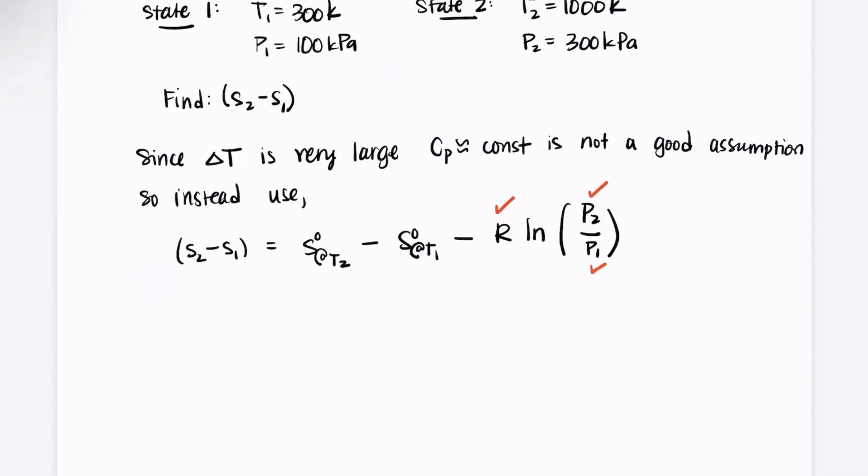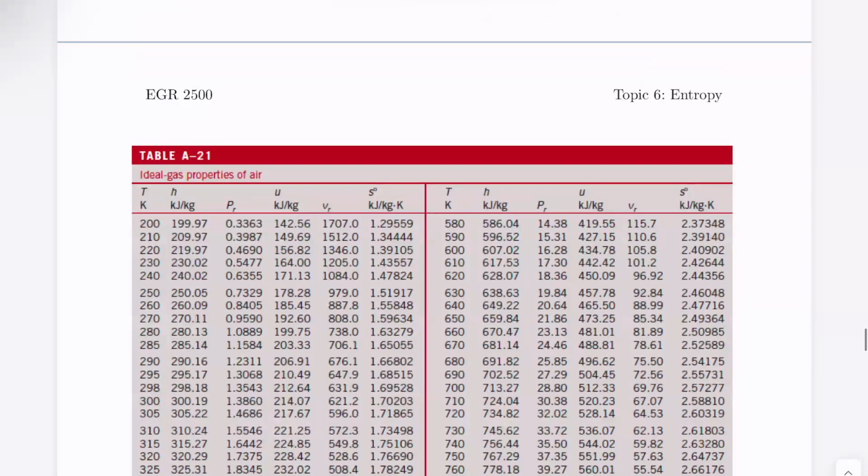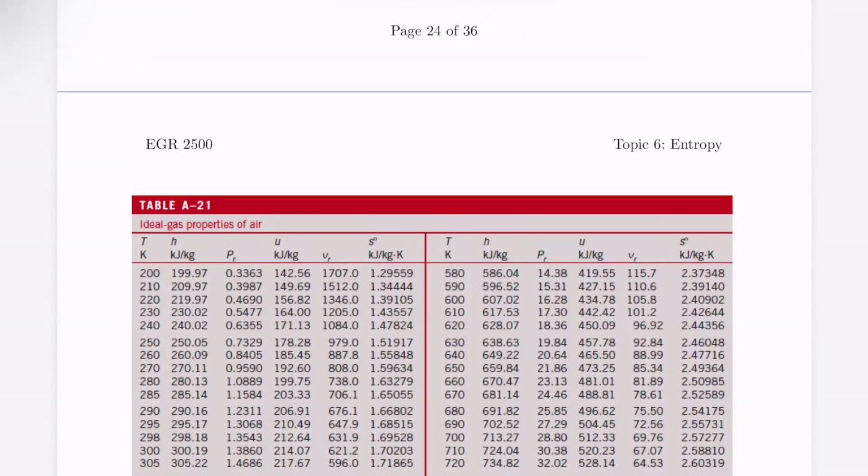We need to find these. So we're going to find these two things from table A21, which I think, yes, finally is right here. So all we're going to do is we are looking for data from this column. So it's just S with a subscript 0. All right, and we're going to look it up by temperature.